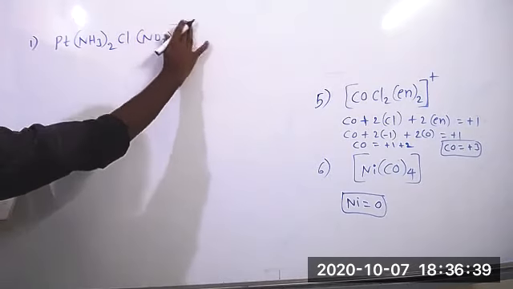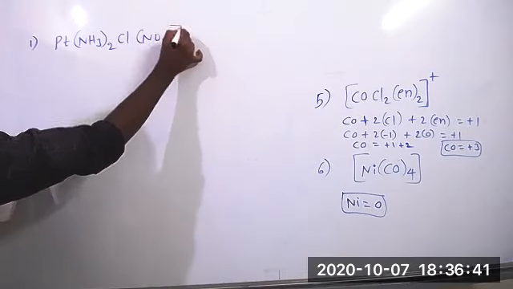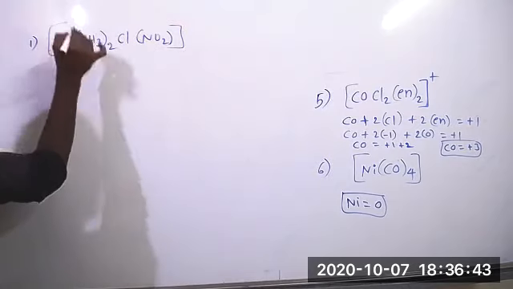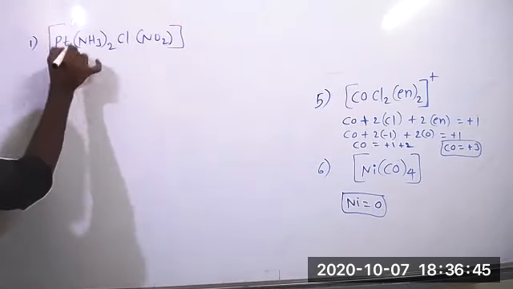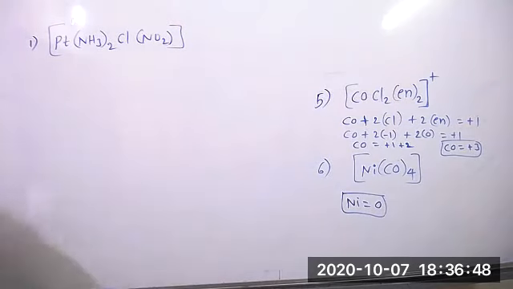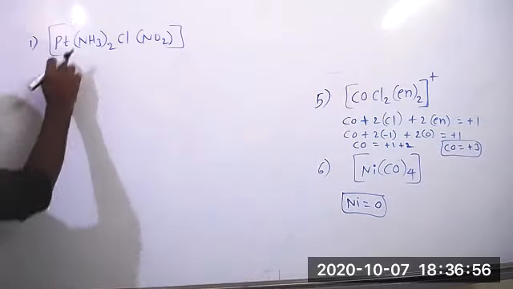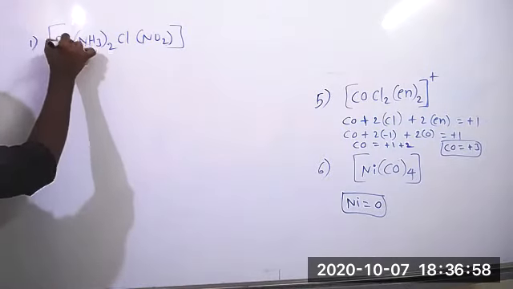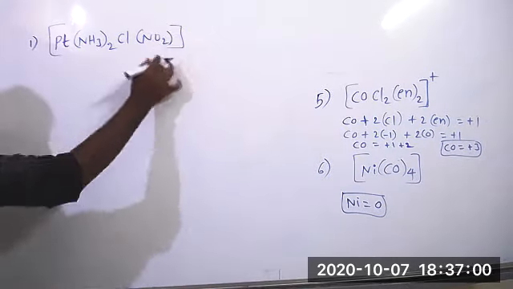Yeah, this is only a complex. Charge is not mentioned. You have to tell how much it is charged. Oxidation state of platinum. First question to Anjali. Yes, sir. Try how to calculate the oxidation state of platinum in this complex. Here no charge means you have to keep it equal to 0.